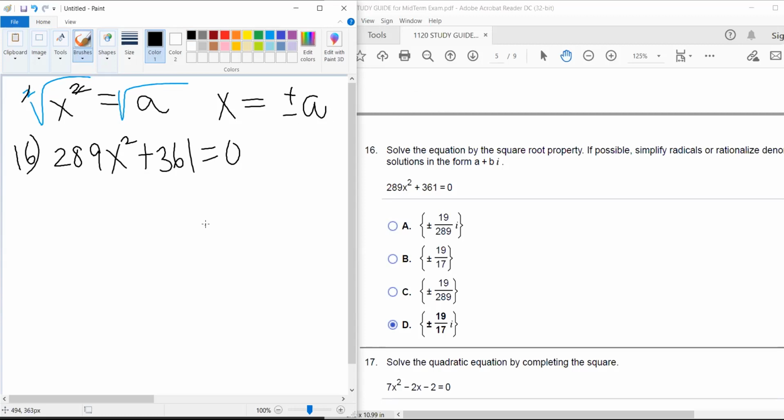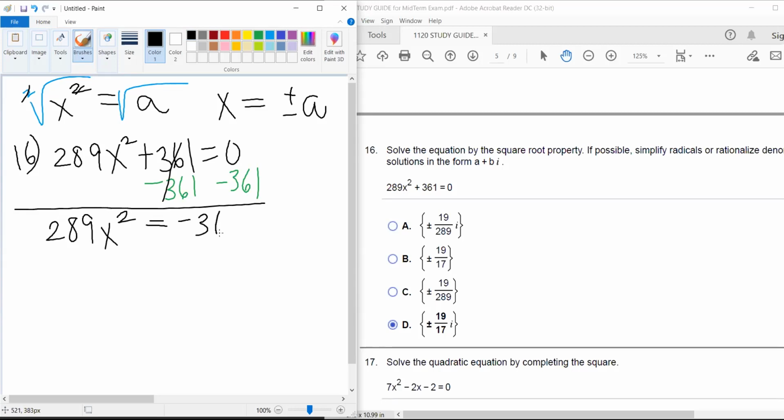The first thing we need to do is get the x squared part by itself. So that means subtracting 361 from both sides. That leaves us now 289x squared equal to negative 361.